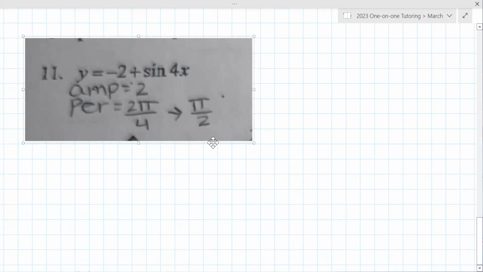Yeah, right. All right, so the amplitude here is not 2, it is 1. Oh, I see. The period is 2 pi over 4, which is pi over 2. That's fine. The vertical shift is 2 down.